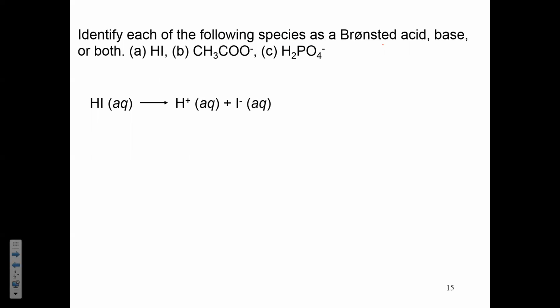Correct answer for number 1, hopefully you put Bronsted acid. The reason this is a Bronsted acid is because if we pick its partner, acids always have more. If we look at the partner here, one of these has more and one of them has less. So HI would be considered the acid because it has more hydrogen.